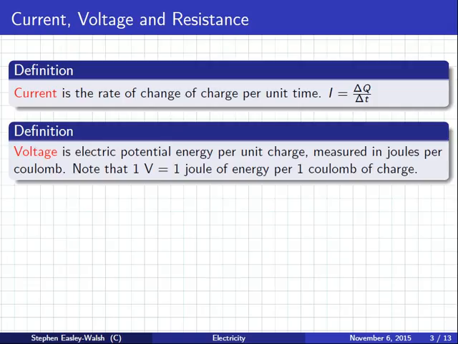So what it means is, if this has 1 unit of charge, if I say it is at 10 volts, then that means for this unit of charge, there's 10 joules of potential energy in it. So voltage is like potential energy, but it's potential energy per coulomb of charge.